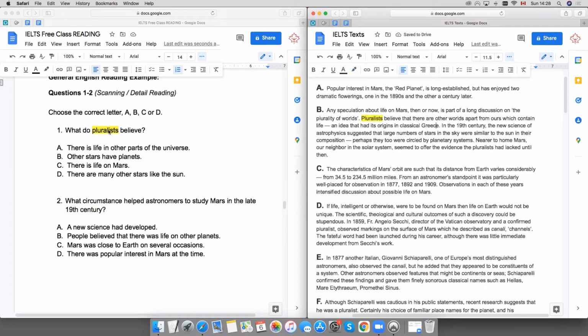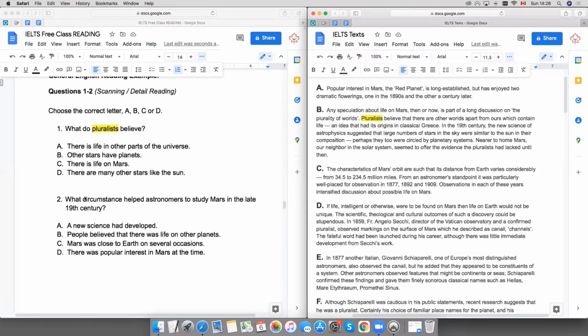And even better, the question is, what do pluralists believe? This sentence starts, pluralists believe, okay? So we don't really need to do too much detail reading. We shouldn't stress about the detail reading, but the keywords and scanning will absolutely be totally important for these kinds of questions. We can continue on.